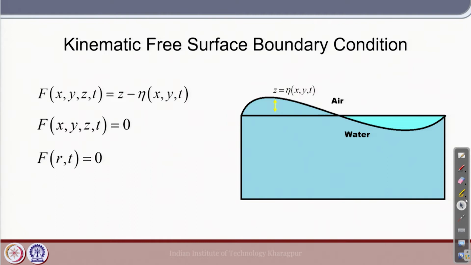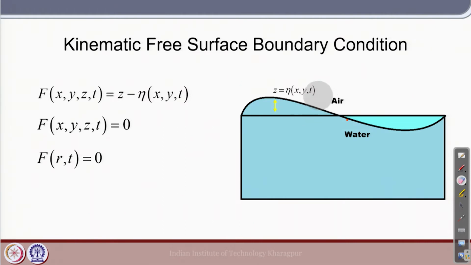So, assume that there is a water particle over here or somewhere over here. Then what is the condition that this water particle cannot come out of the surface? Now, what would be the condition for this? So, let us try to find out.